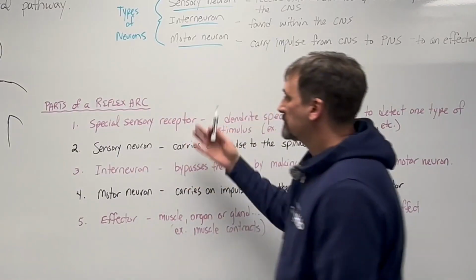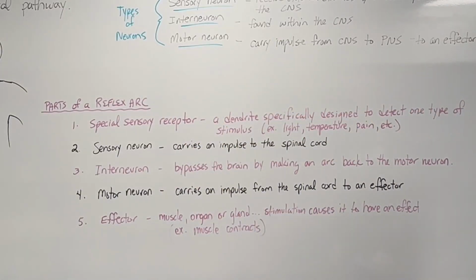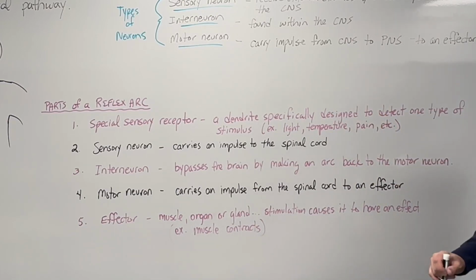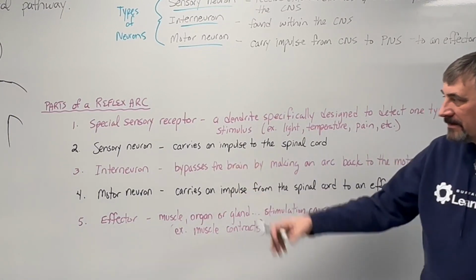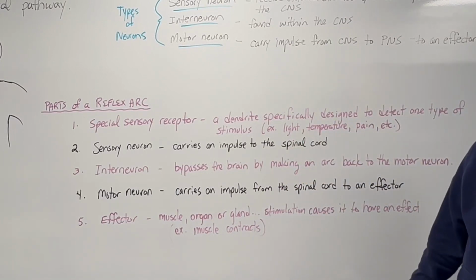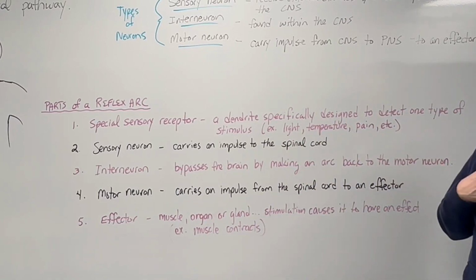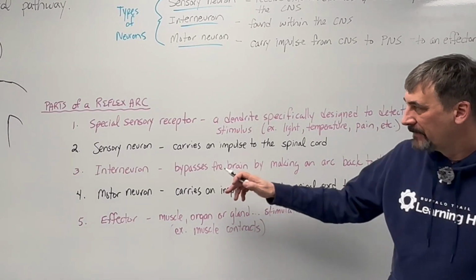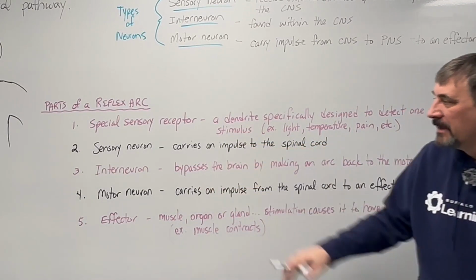So I'll give you some general definitions of those. A special sensory receptor is a dendrite specifically designed to detect one type of stimulus. Every type of stimulus that you want to detect is going to need a different type of neuron. A sensory neuron is any neuron that's going to carry that information or impulse to the central nervous system, in this case the spinal cord.